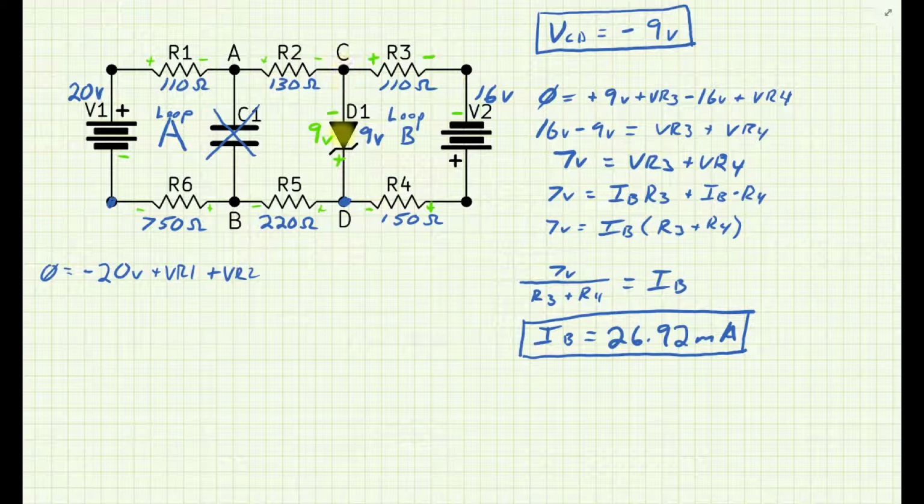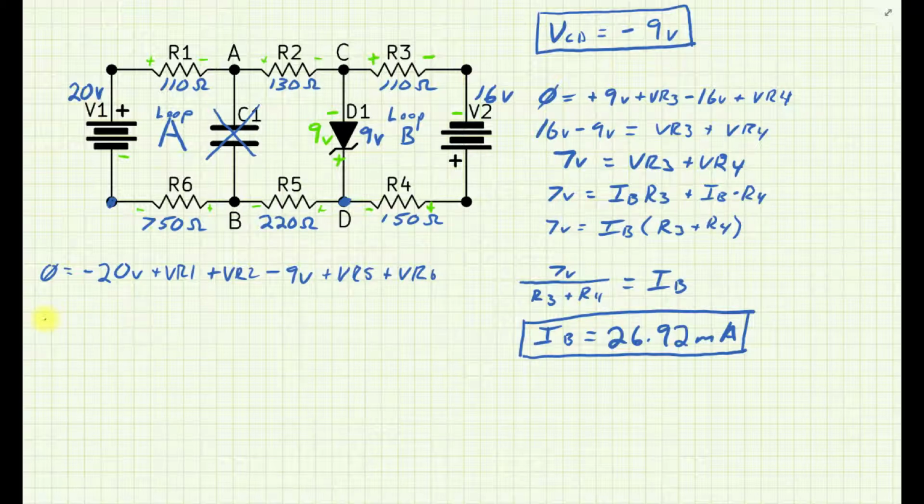Now I'm going to head down through that diode, and it is a known voltage and polarity. As I come down, I'm hitting that minus side. It's a known minus 9 volts. Hitting R5, plus VR5, and plus VR6. Alright, now I'm back to where I started.